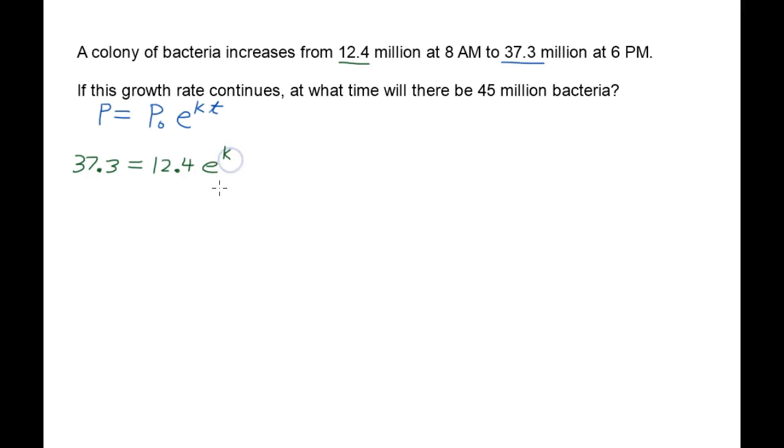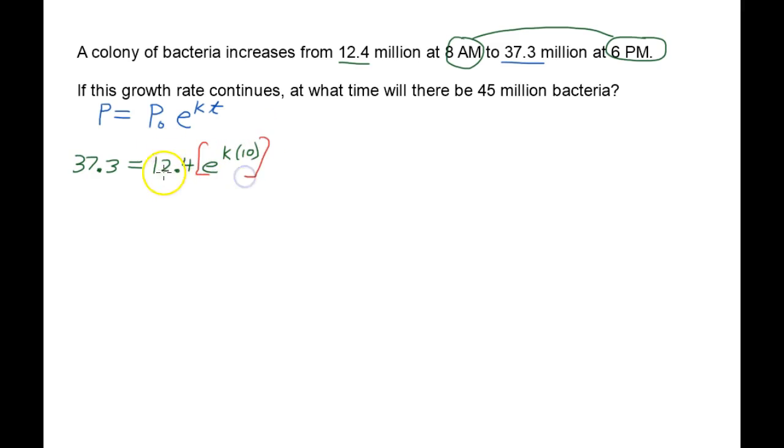We do not know the growth rate, but we do know the time from 8 a.m. to 6 p.m. That's 10 hours. So I'll say times 10. All right, now we have that information. Let's proceed to solve. To solve this, we have to isolate the base and its exponent.